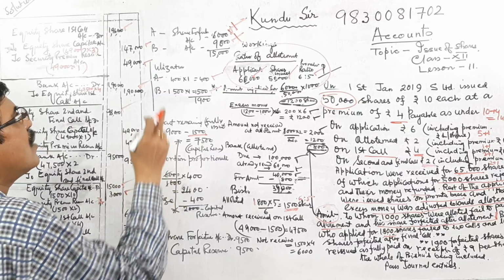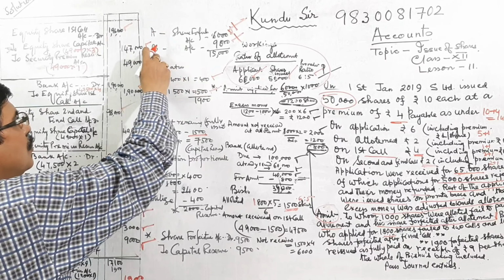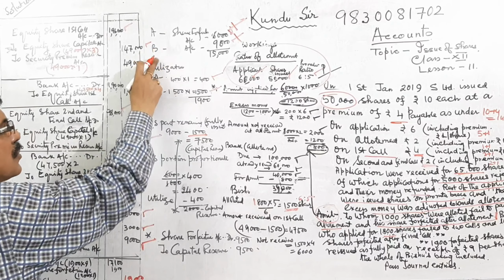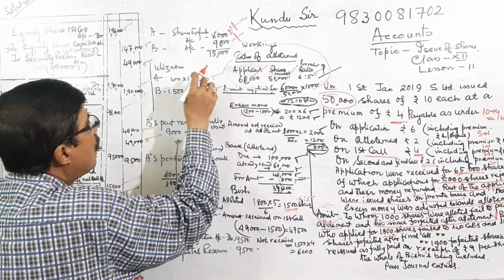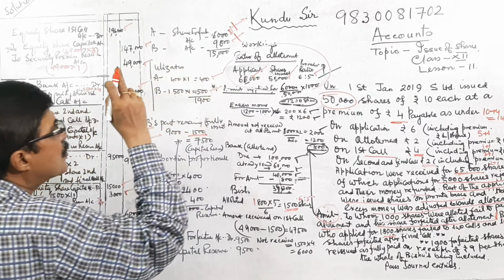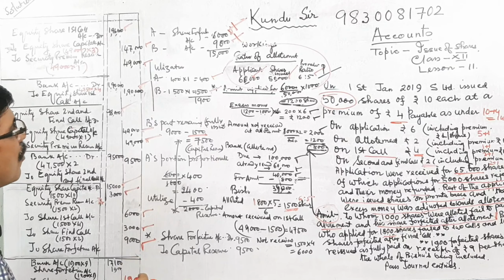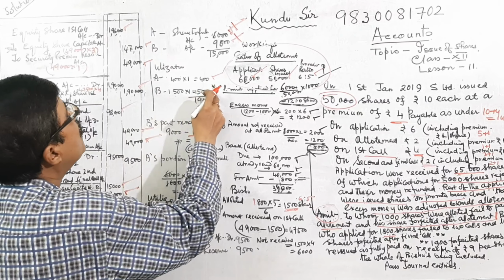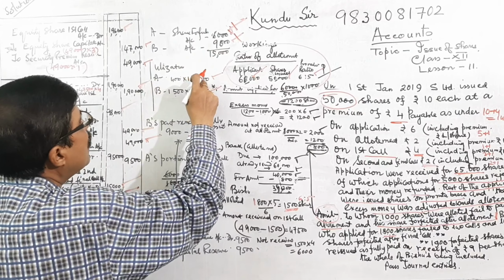But forfeited shares are 2,500, 1,000 for Amit and 1,500 for Vishnu. We are reissuing all shares for Vishnu and 400 shares for Amit. So for Vishnu's part, we are utilizing share forfeiture 1,500 rupees and for Amit 400 rupees.